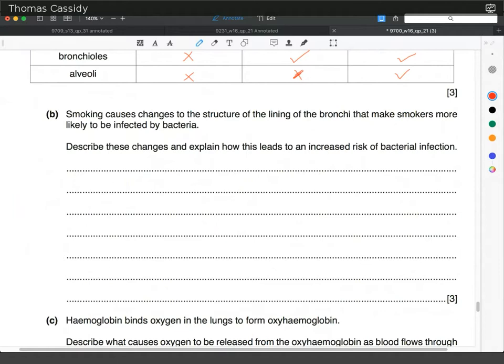And so the increased risk of bacterial infection comes simply from the bacteria hanging around for longer, so it has more of a chance to embed itself, stick around, multiply and cause a bacterial infection. So those are the main points we want to pick up on there. Is that clear? We good with that?